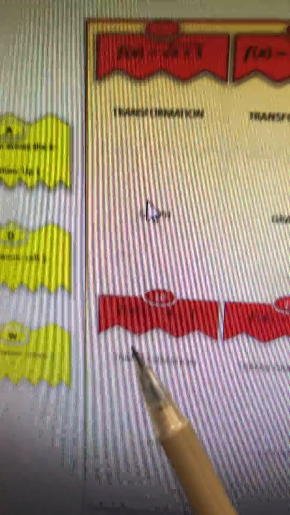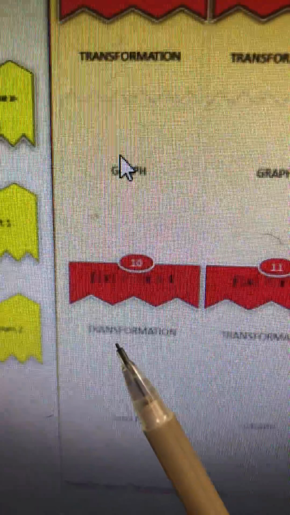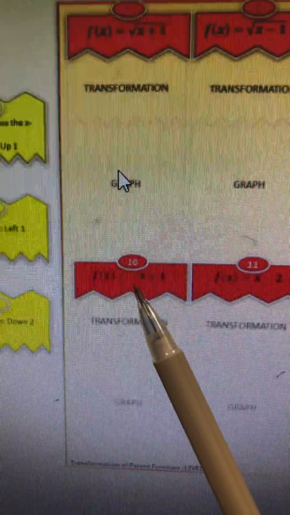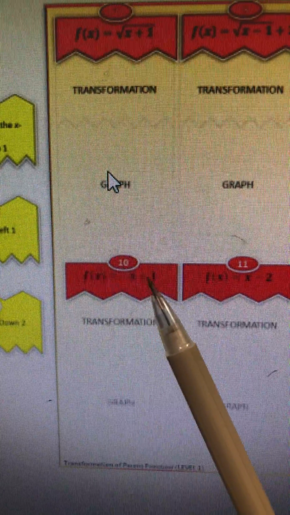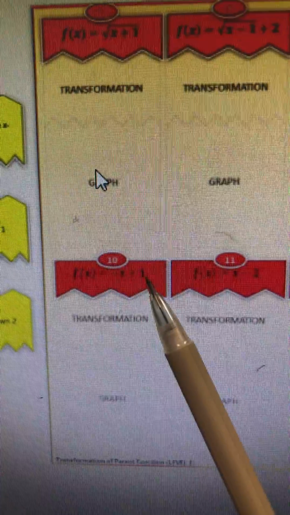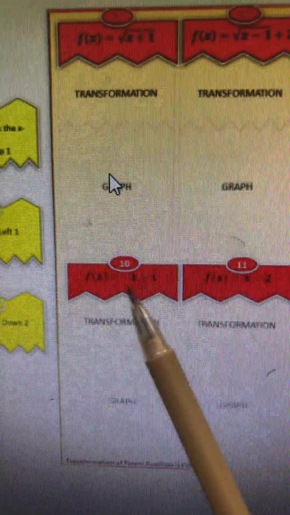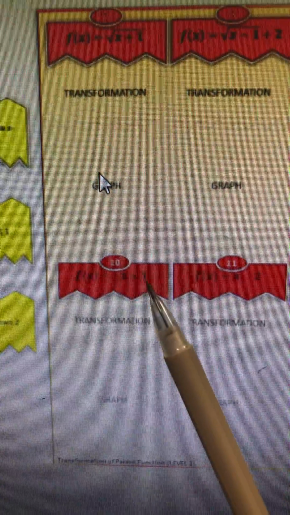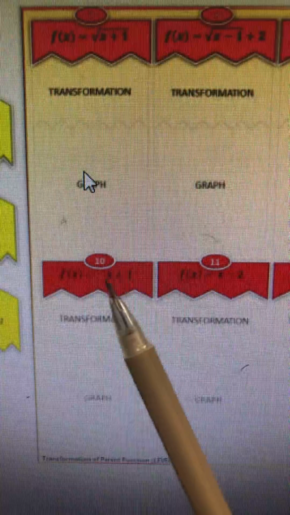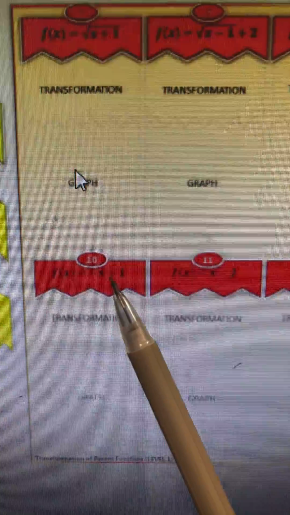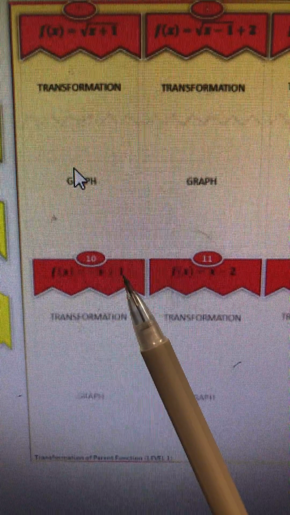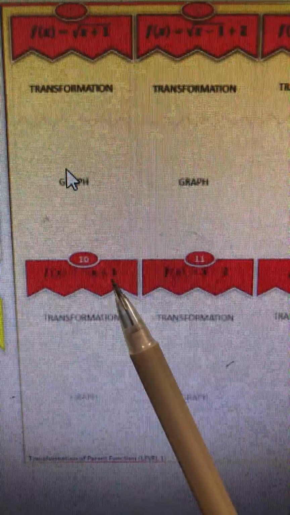Okay, number 10, this shows a reflection across the x-axis and then a translation up 1. If you know your equations, this is just slope-intercept form, and so you just find where it's a line and it's crossing the y-axis at 1 and is going down.